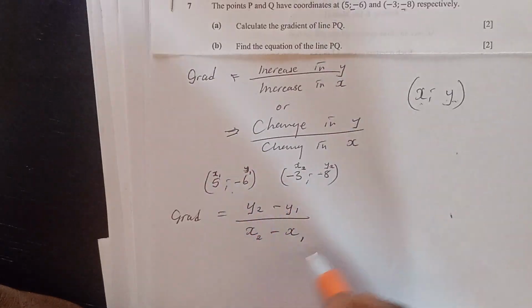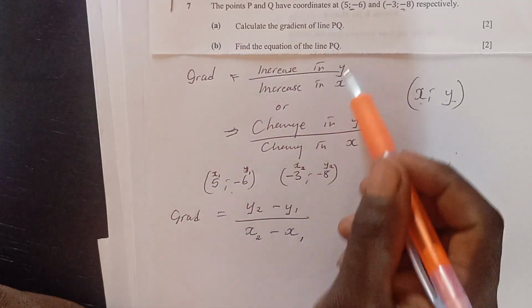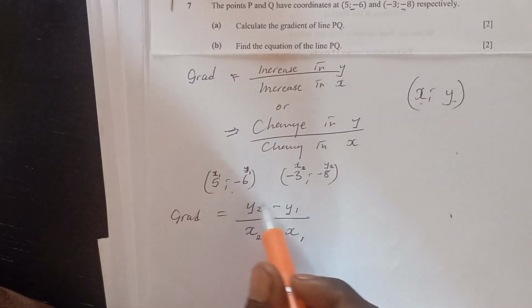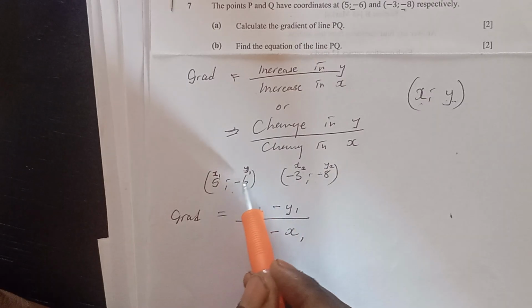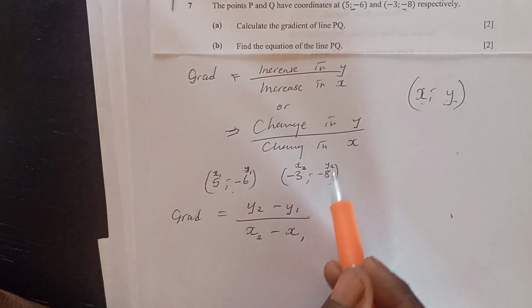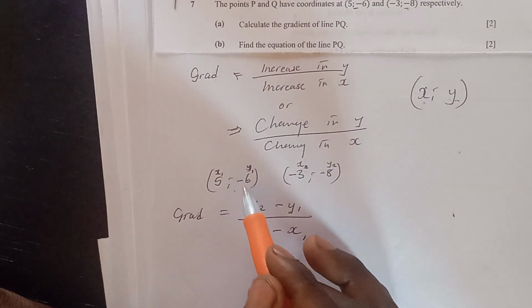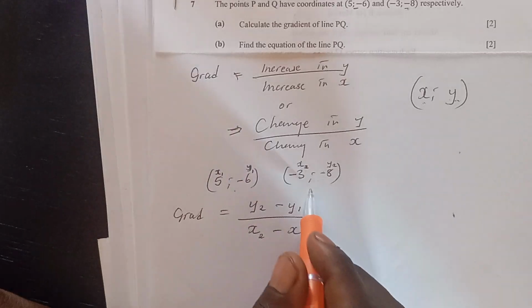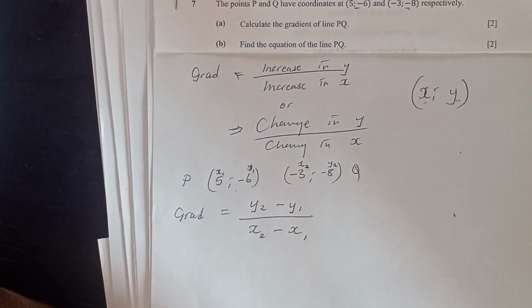So this formula gives us the change in y over the change in x. By subtracting y1 from y2, it gives us the change or the movement from point P to point Q, right?